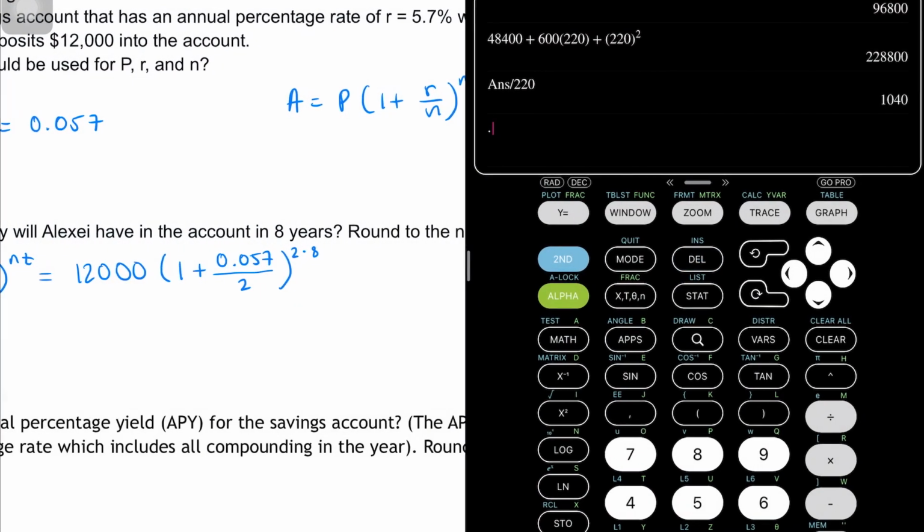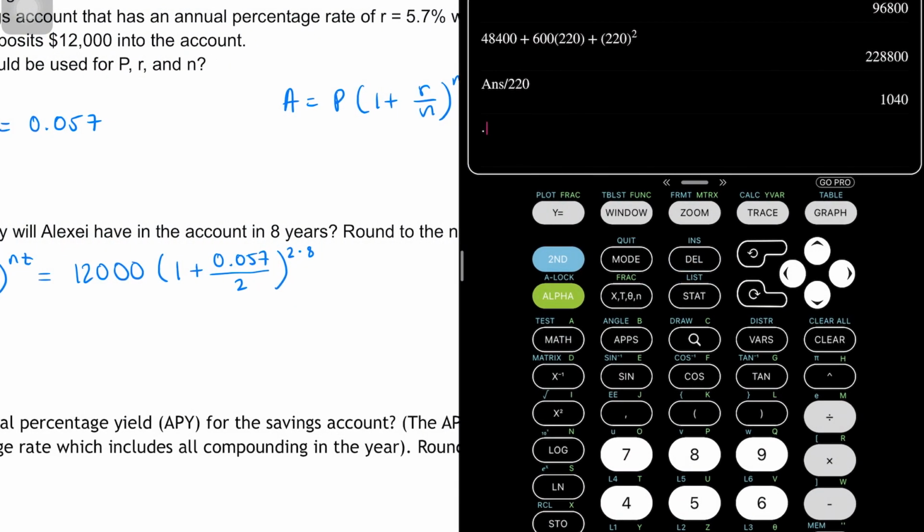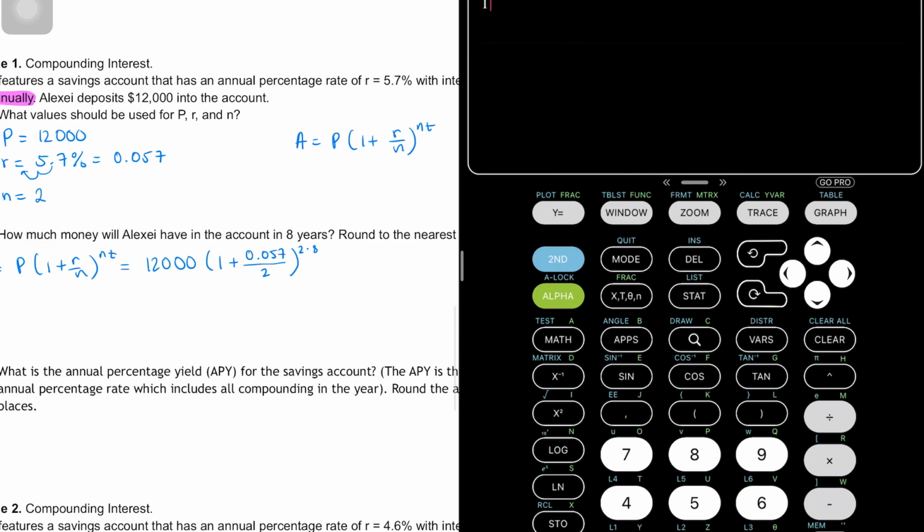All right, so let's clear this up, and we have 12,000 parentheses 1 plus the interest rate 0.057 divided by 2, close parentheses, and then raise this to the power, and you see the caret, raise it to the power, and you see how this is already an exponent. 2 times 8, which I can just write as 16 because 2 times 8 is 16, but it doesn't matter in this case, as long as the product is still there in the exponent.